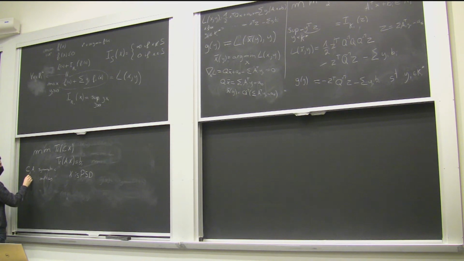So they belong to n by n matrices, and they are symmetric. So the elements on both sides of the diagonal are equal. And X is also symmetric, and it is positive semi-definite. So X is what you're looking for. So you want to find a symmetric matrix that is positive semi-definite, that satisfies these linear constraints, and that minimizes this objective.